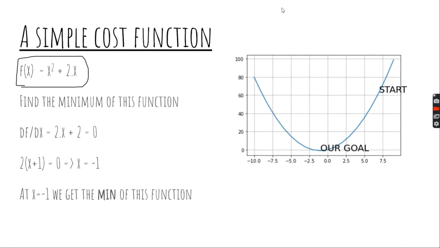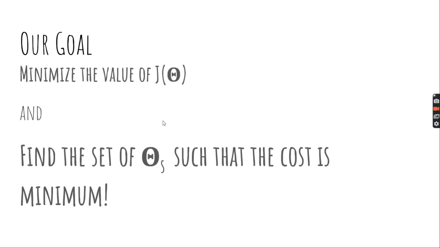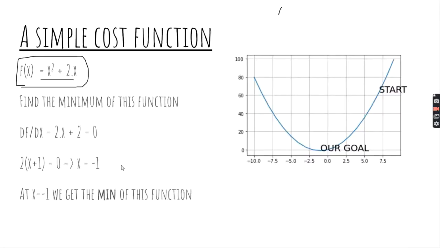So let's say we are doing a machine learning problem, and for that problem, this was our cost function. Our goal, as I stated before, is that we need to find the thetas such that the cost is minimum. That translates to, we need to find the value of x where f of x is minimum, right?